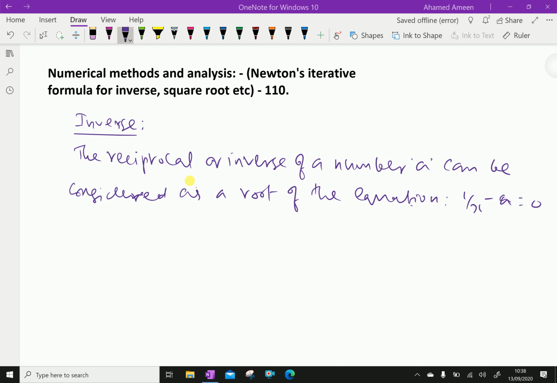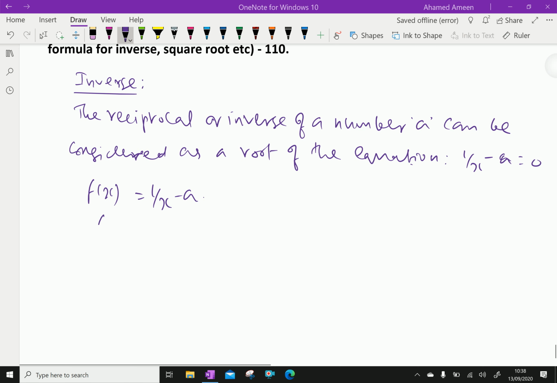That is, let f of x equal 1 over x minus a, then f dash of x is minus 1 over x square.